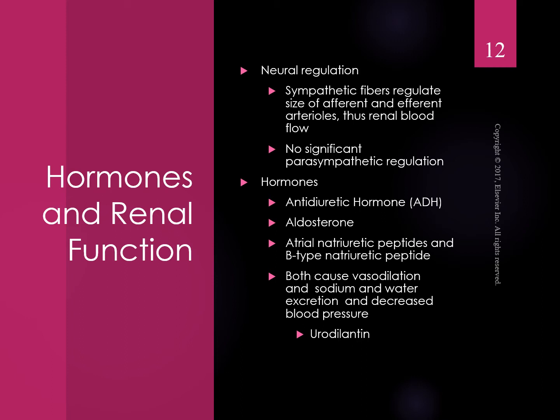Water moves out of the ducts and into the blood. When we have a decrease in antidiuretic hormone, the collecting ducts become impermeable to water, and water is not reabsorbed from the filtrate and is excreted.